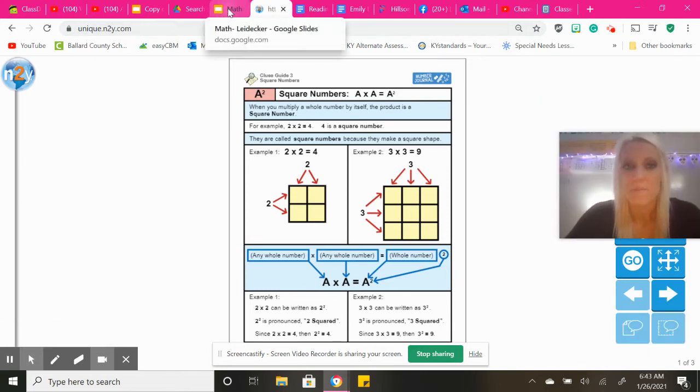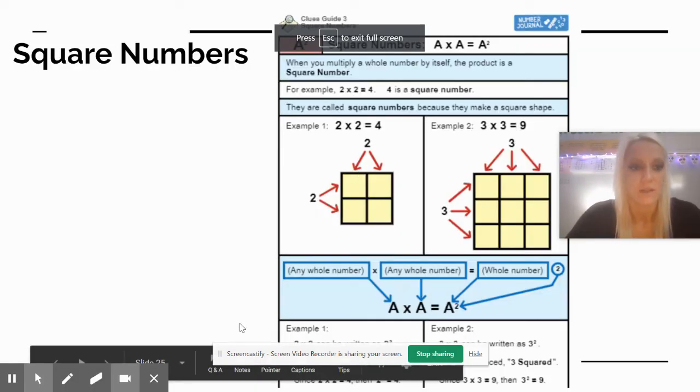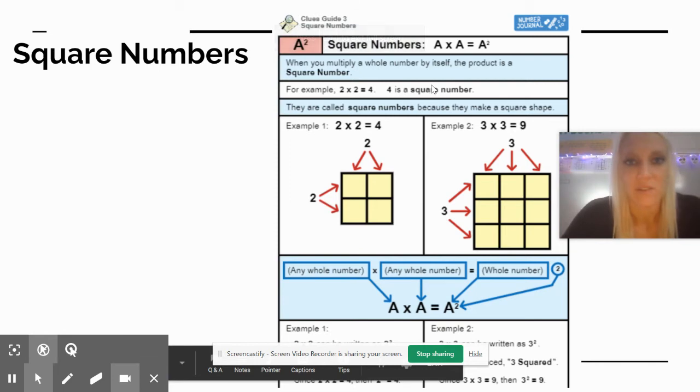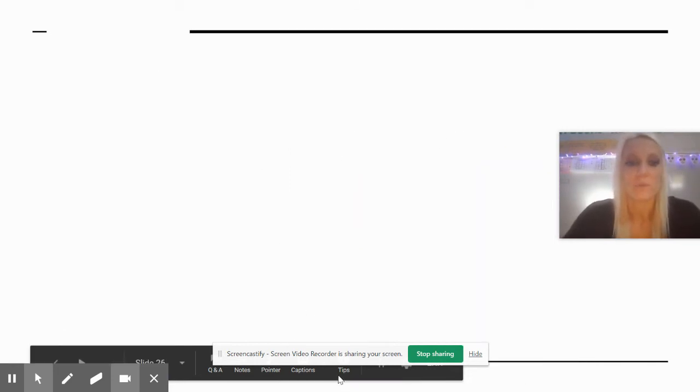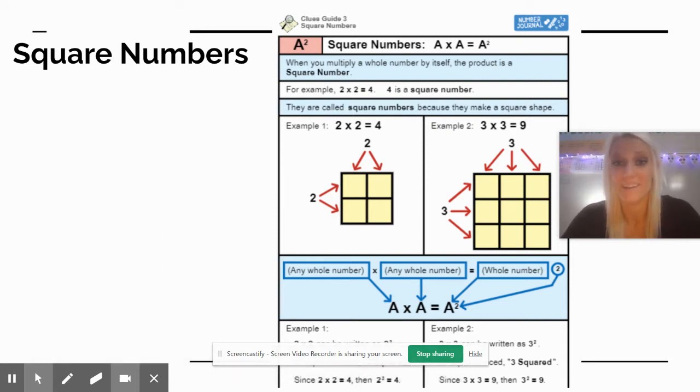In your math notes, I have added square numbers to slide 25. A square number is what you get when you multiply a whole number by itself. For example, 4 is our whole number, and the product is a square number.